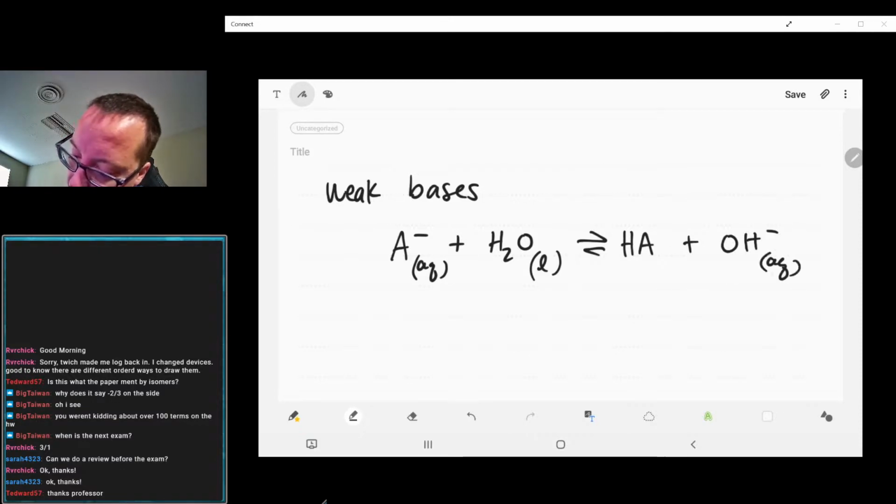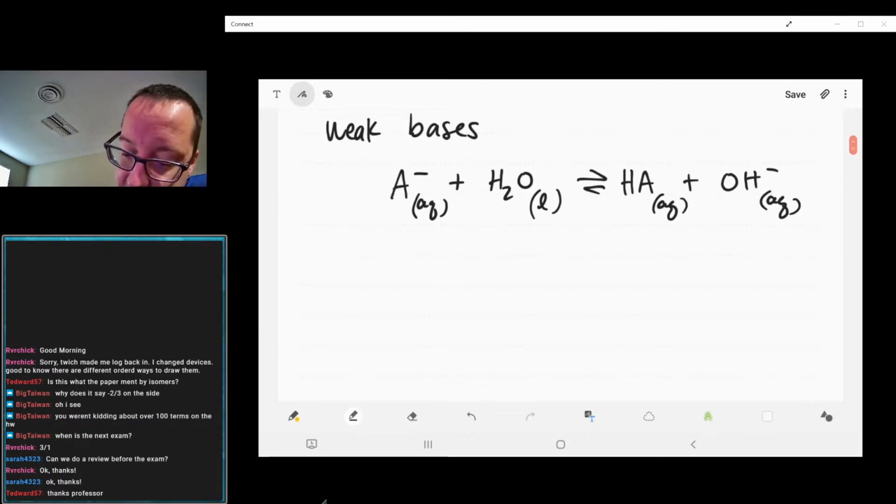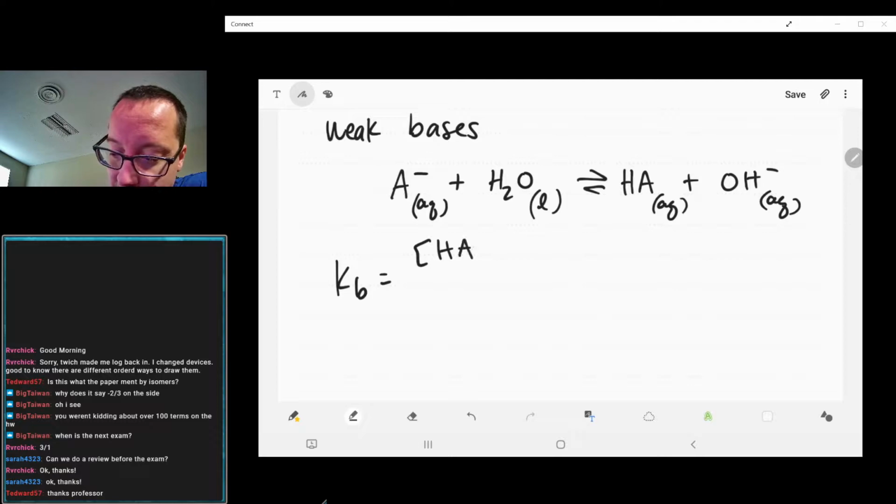Both of these would be aqueous. The equilibrium expression for this is going to be equal to your protonated species, your hydroxide, and then your deprotonated form.